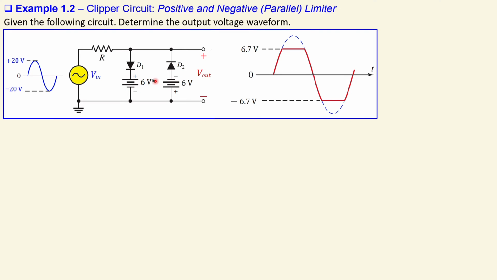If I make this, for example, 5, then I will go to 5.7, and if this is, for example, 8, I will go to minus 8.7, depending on, of course, the additional battery drop you have here.